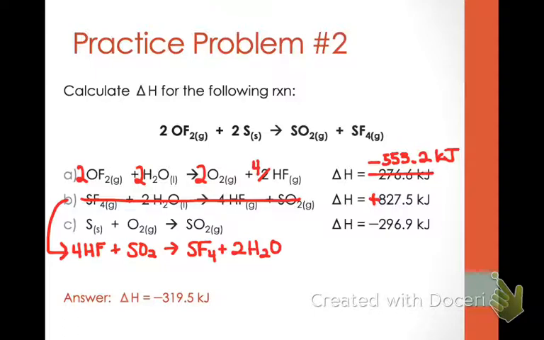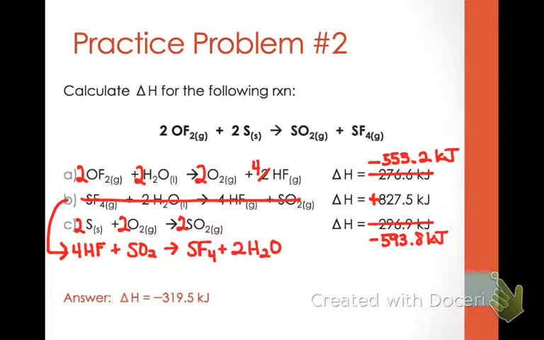But I definitely have to multiply through by 2, so that's going to put coefficients in front of everything. And then I have to multiply my delta H by 2, so that becomes a negative 593.8 kilojoules.